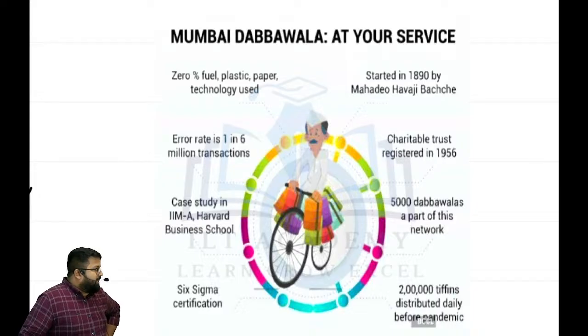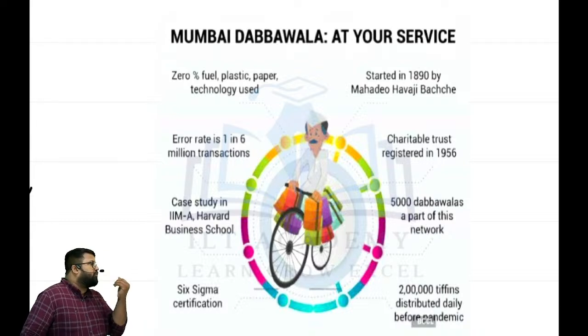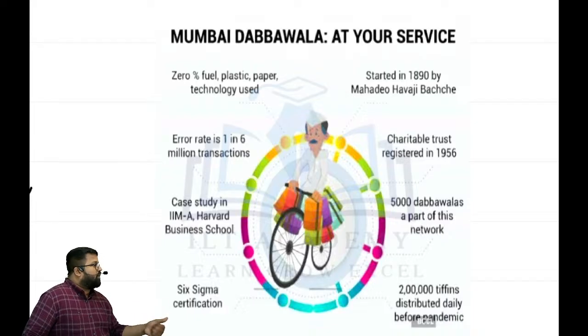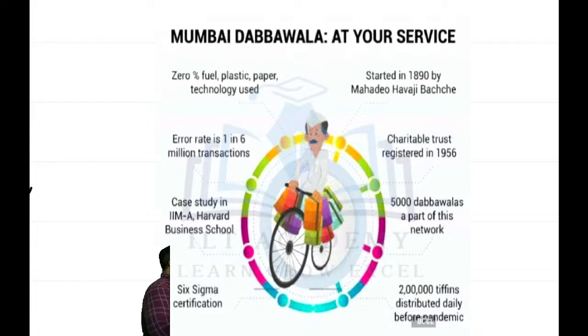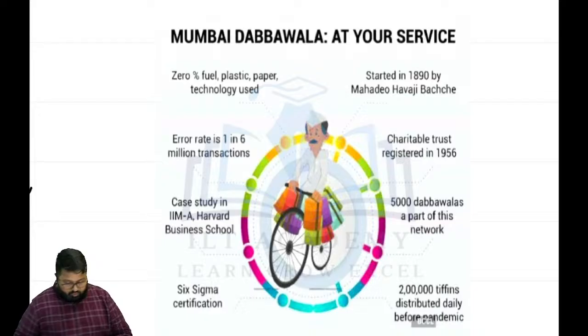Even Zomato or Swiggy may deliver something wrong to us. We might have ordered some food and he might have delivered different food. But Mumbai Dabba Wala will not do such things. They deliver goods on foot, on bicycles, or even by walking. So in management, they have been taken as the best example for success rate.